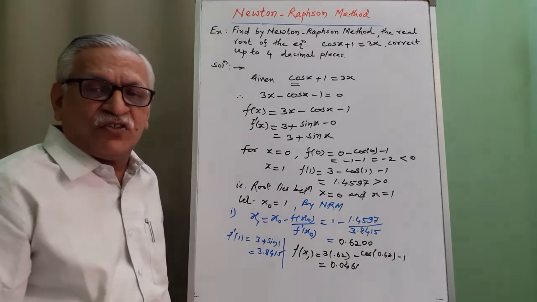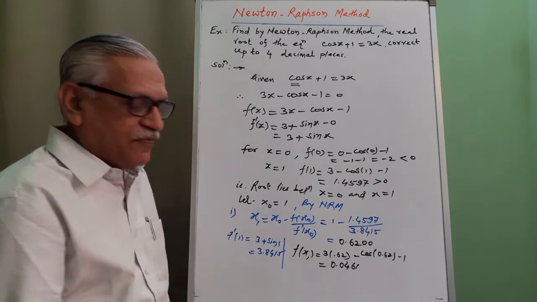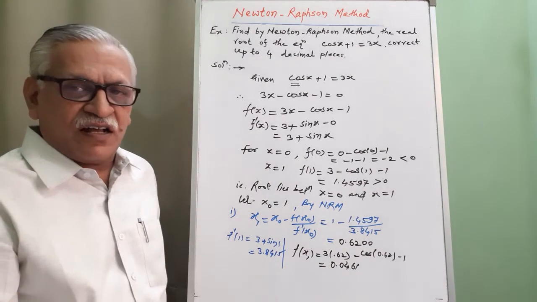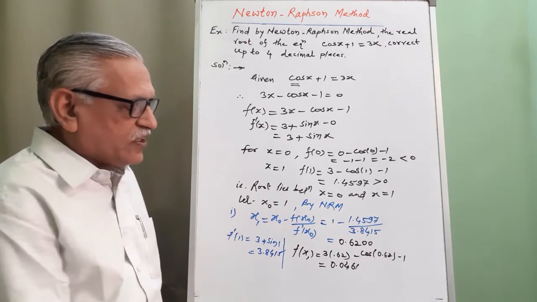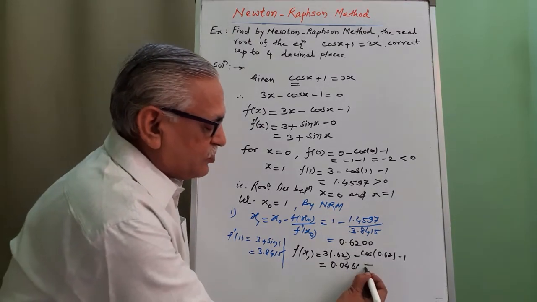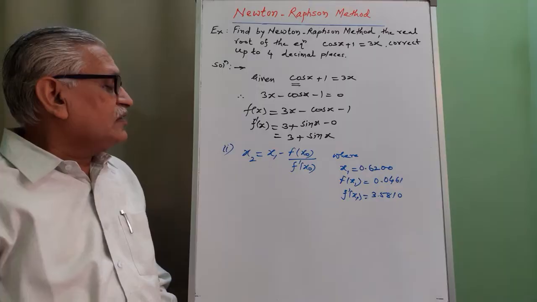If it is equal to 0, meaning the first 3 digits after the decimal point are 0, then we can stop the iterative procedure. Otherwise, we have to continue. This one is not equal to 0, so we have to go to the next step, iteration number 2.